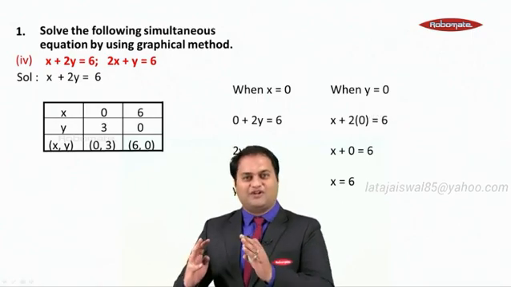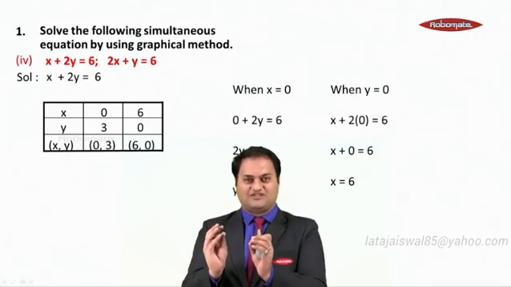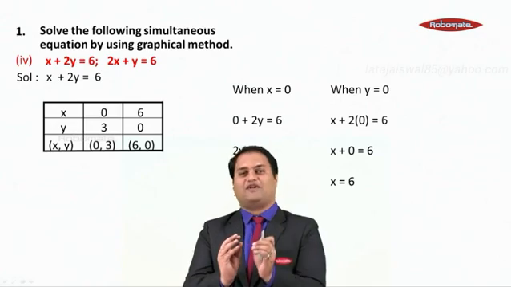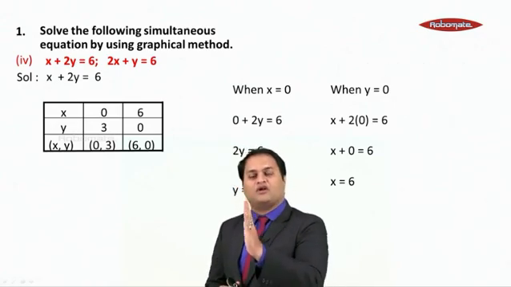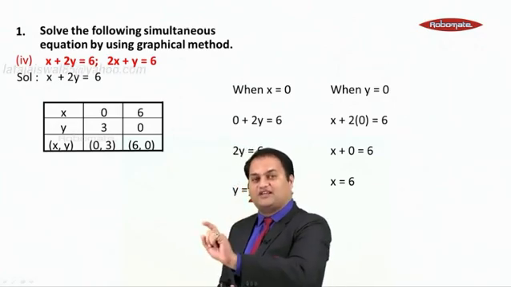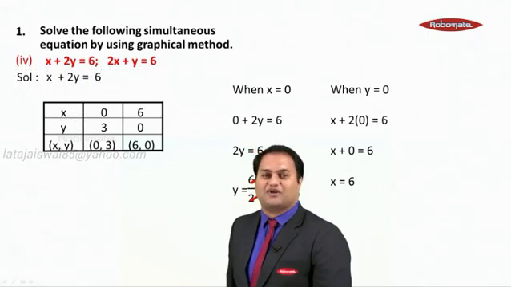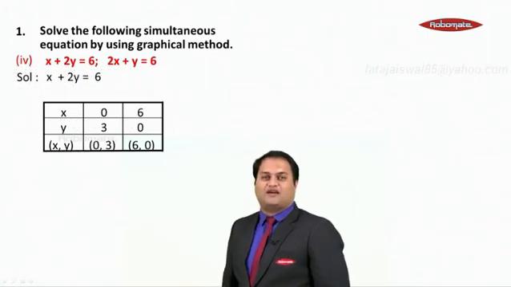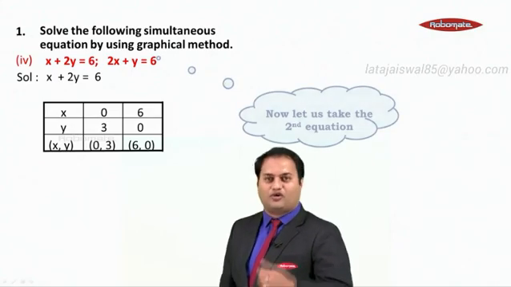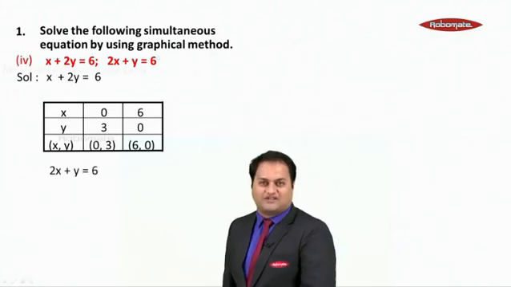So in this table, we managed to get 2 points which we will plot on the graph paper and we will get a straight line. What did we do? In the same equation, first x as 0, get y, then y as 0, get x. As simple as that. Let's take the second equation and follow the same process.